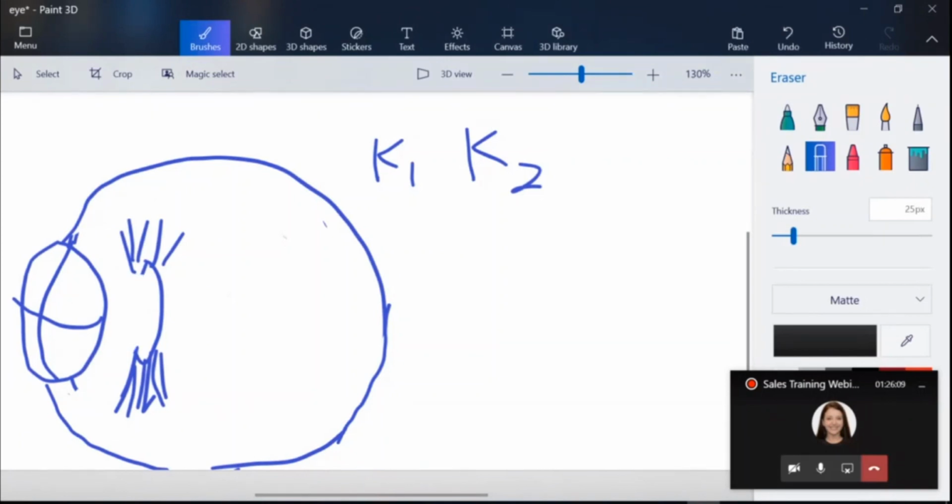And what happens is that your cornea, if it has astigmatism, has two different focal points, right? And why I show the focal points a little bit way back here is because there's no lens in place.